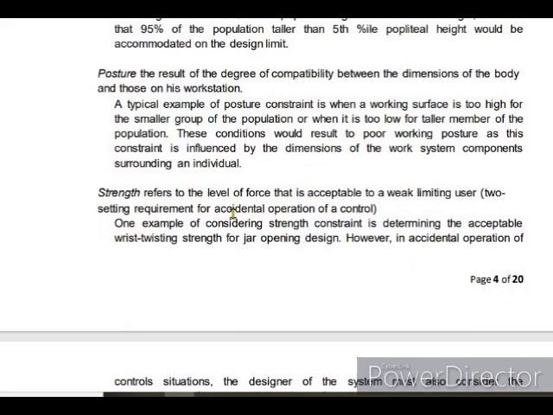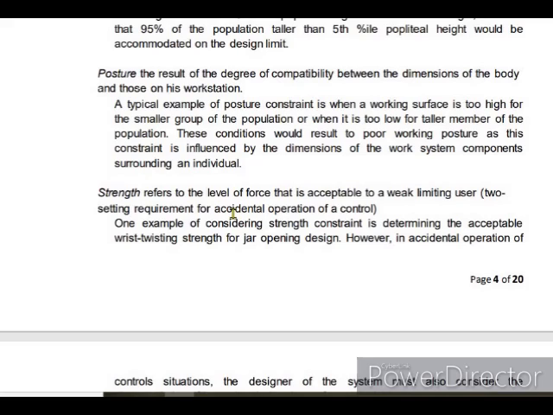Next, posture, the result of the degree of compatibility between the dimensions of the body and those in the workstation. Number 3 is posture, the third constraint, because it is the result of the compatibility. One cannot have a good posture if his characteristic is not compatible with his work environment.